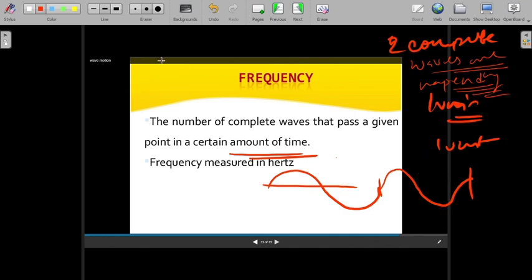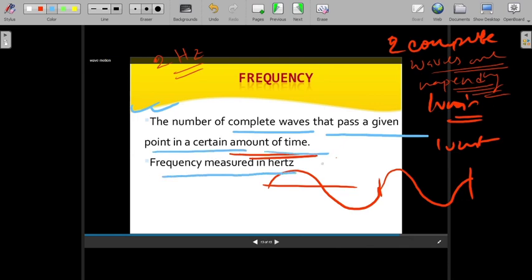We can say that the frequency is 2 hertz. That's the simple thing about frequency. The frequency is the number of complete waves that pass a given point in a certain amount of time, and it is measured in hertz, denoted by Hz.